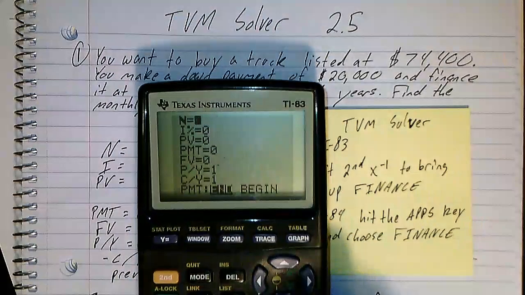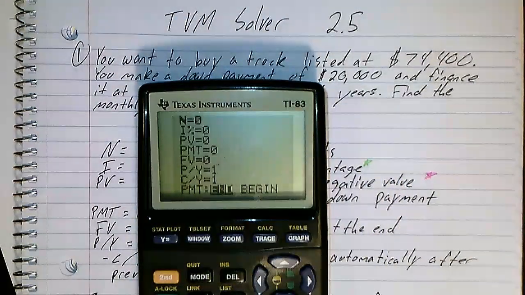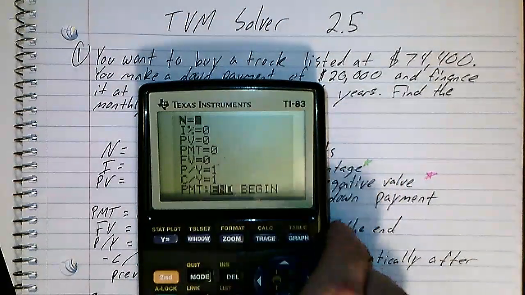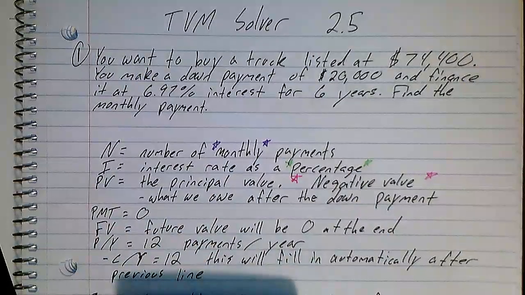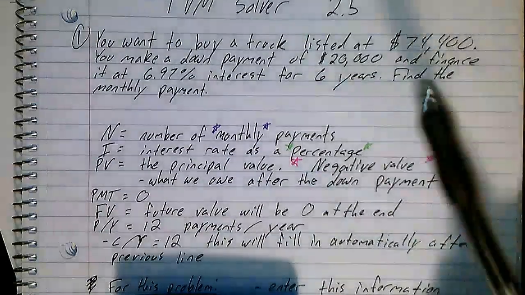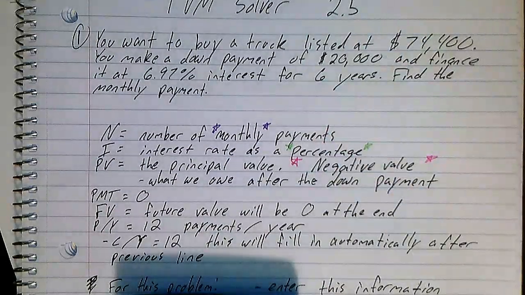And so here are the pieces of the TVM solver. N is the number of monthly payments.